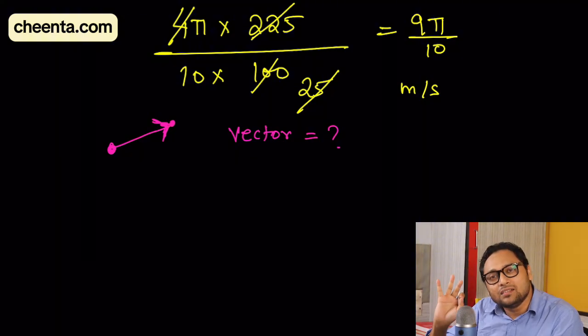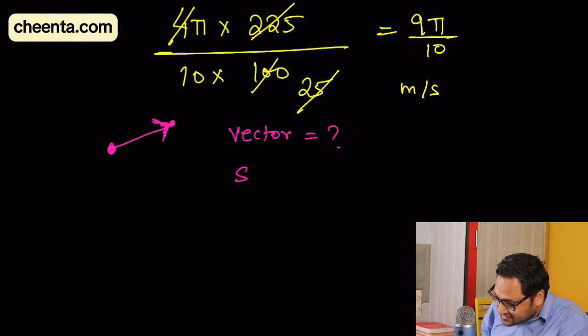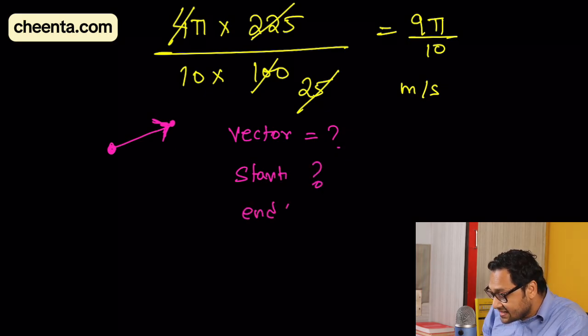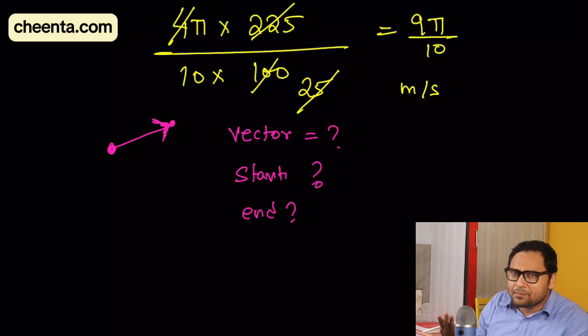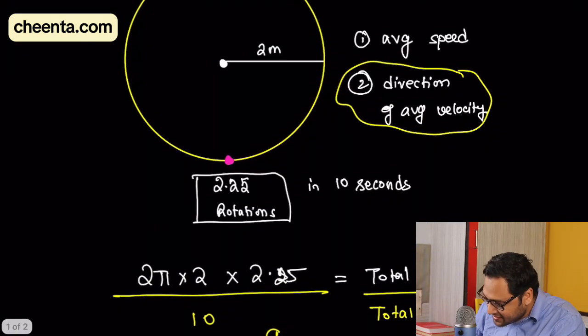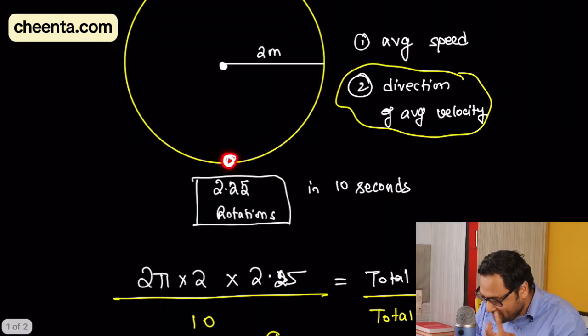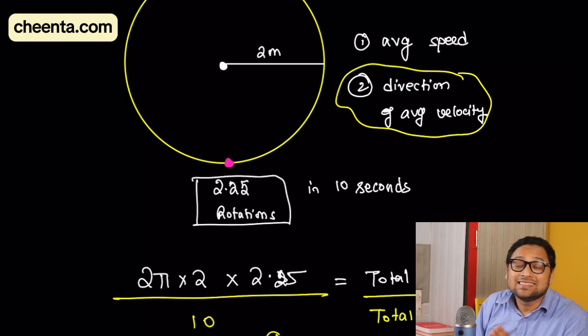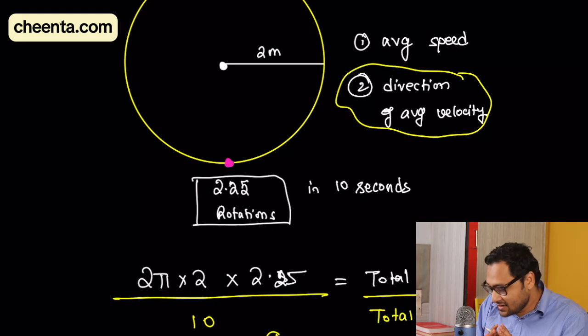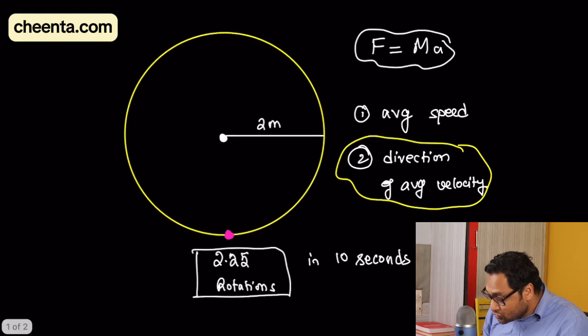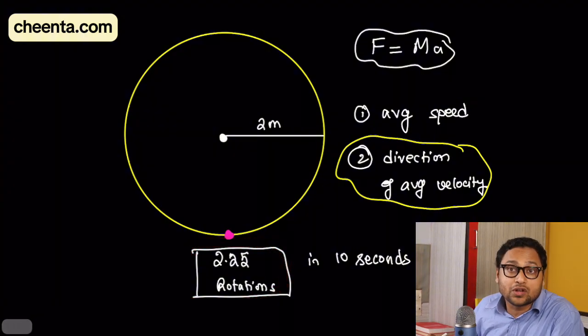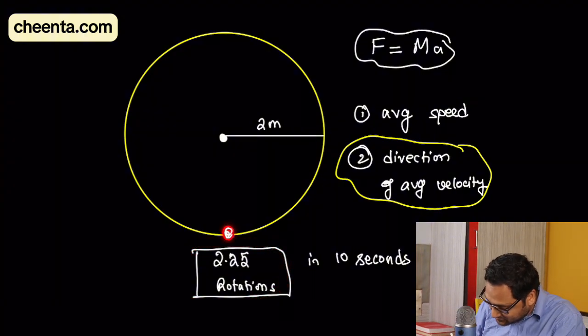It's quite simple. You have to figure out the starting position and you have to figure out the ending position. The ending position is already there. Here is the ending position. We want to find out the starting position. So remember that we have done 2.25 rotations and it's here.